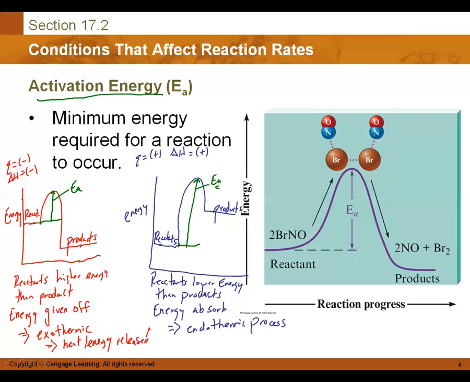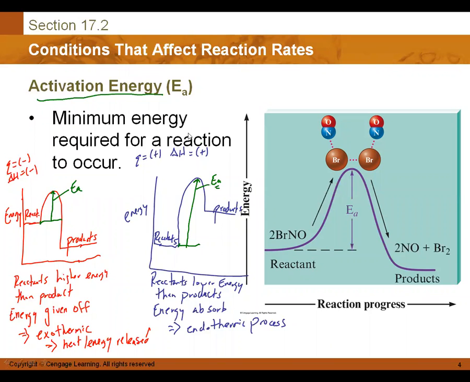We have to put energy in to help those reactants up and over to the other side. As opposed to our exothermic reaction on the left, where we have a much smaller activation energy. That means we don't need as much energy to get up and over that hill to the other side. Activation energy plays a really important part in terms of the rate of a reaction.